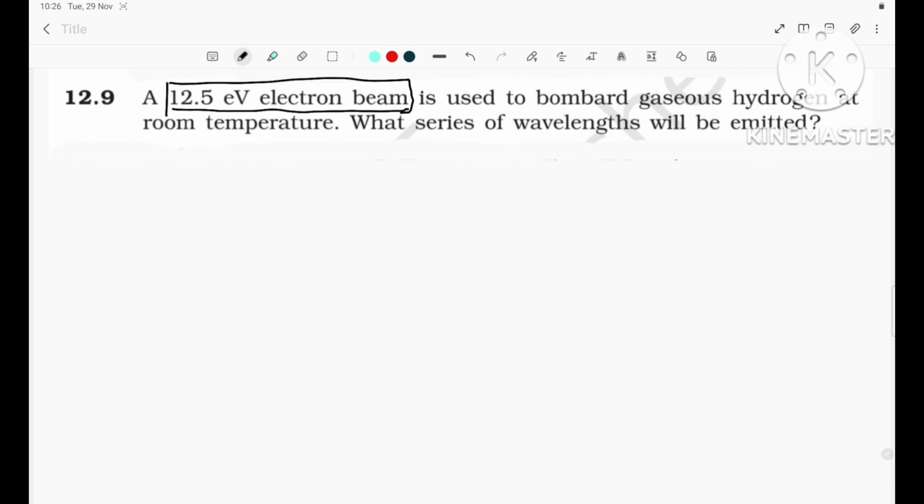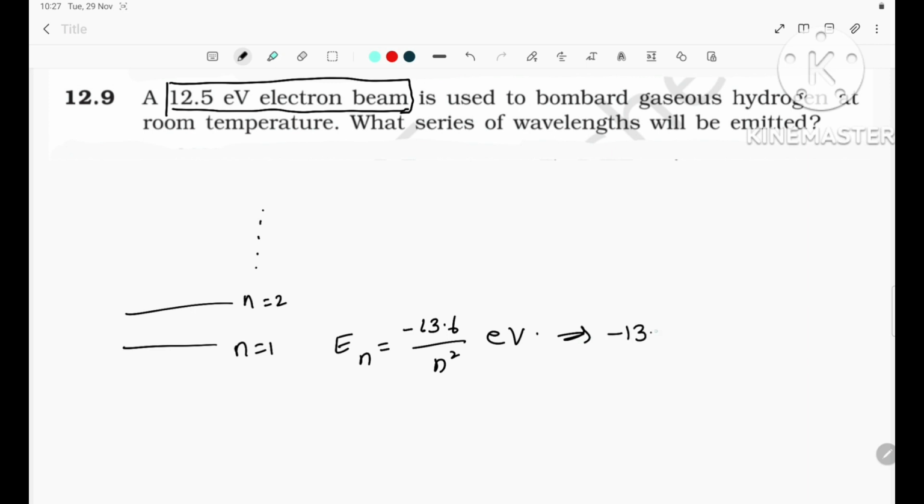Okay, so here we have hydrogen atom. We know that n equal to 1, n equal to 2, n equal to 3 and so on. You have so many energy levels, and the energy of the nth orbit is minus 13.6 divided by n square electron volt. So for the first one you have minus 13.6 electron volt, and then it keeps increasing as we move to higher energies. Here they have given that delta E should be equal to 12.5 electron volt.